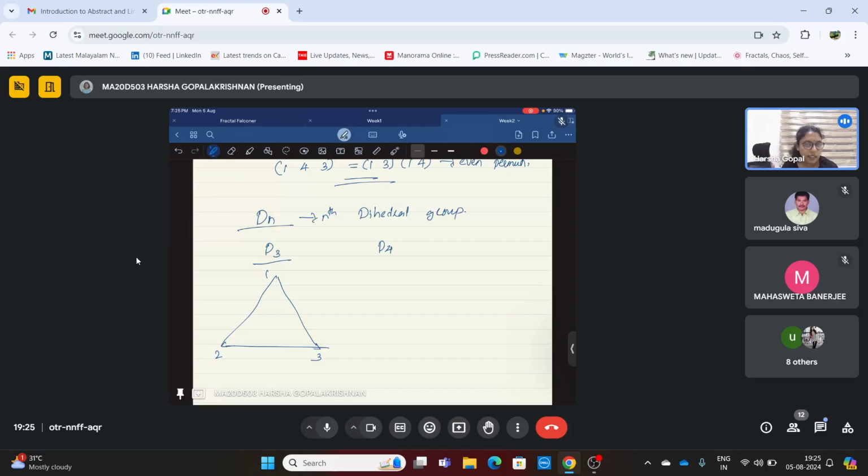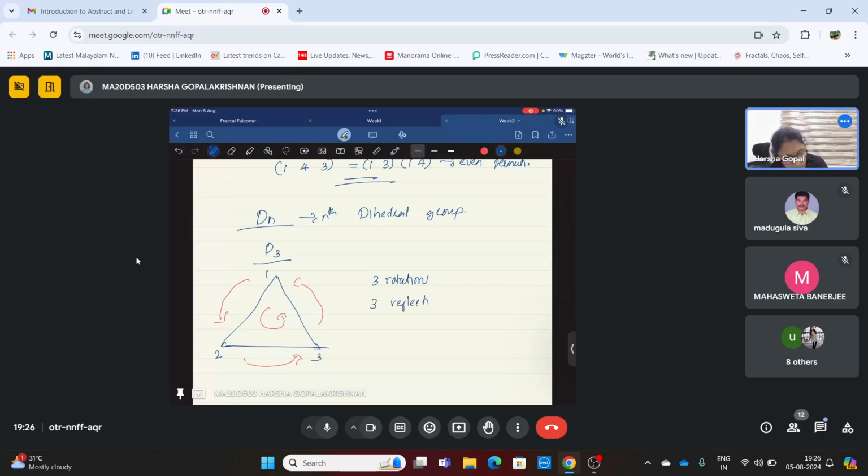The elements of D3 involve all rotations and reflections. So what is a rotation? Rotation means rotating this triangle like this, one time. So 1 will go to 2, 2 will go to 3, and 3 will go to 1. In that way we will have 3 rotations, and also 3 reflections.